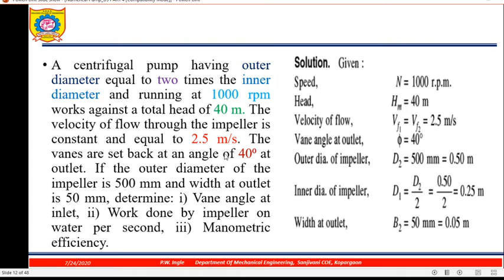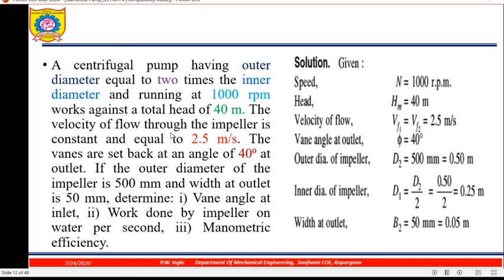Again we will solve one more problem. A centrifugal pump having outer diameter equal to 2 times the inner diameter. Sorry, D2 equals 2 into D1. Running at 1000 rpm, N is 1000. Working against a total head of 40 meter, that is the manometric head.